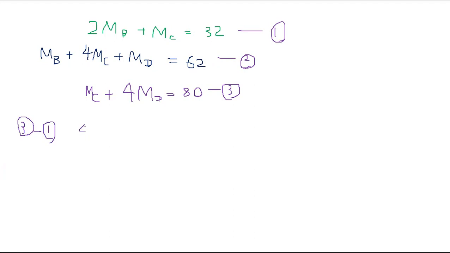So that's going to be 4MD minus 2MB is going to be 48. So you can divide it by 2.